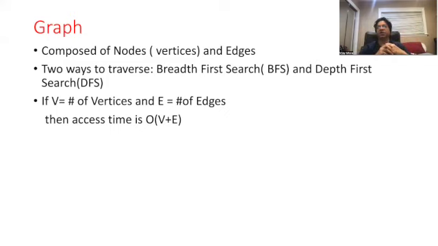To traverse a graph data structure, there are roughly two techniques: breadth first search and depth first search. Breadth first search internally uses a queue, a first in, first out mechanism. Depth first search is a LIFO structure, last in, first out.